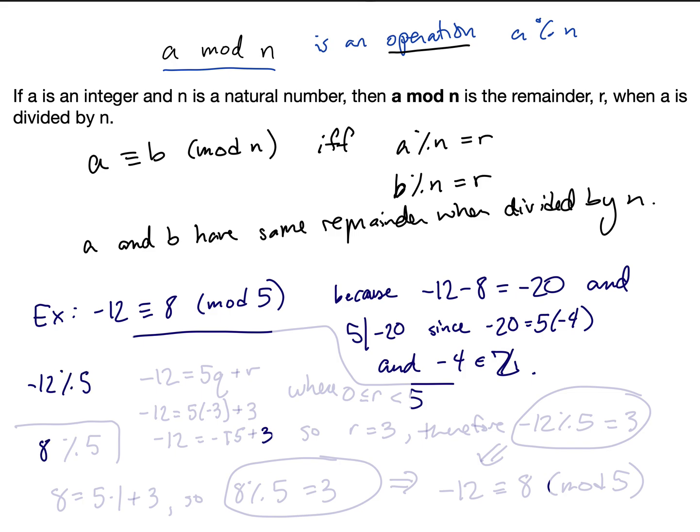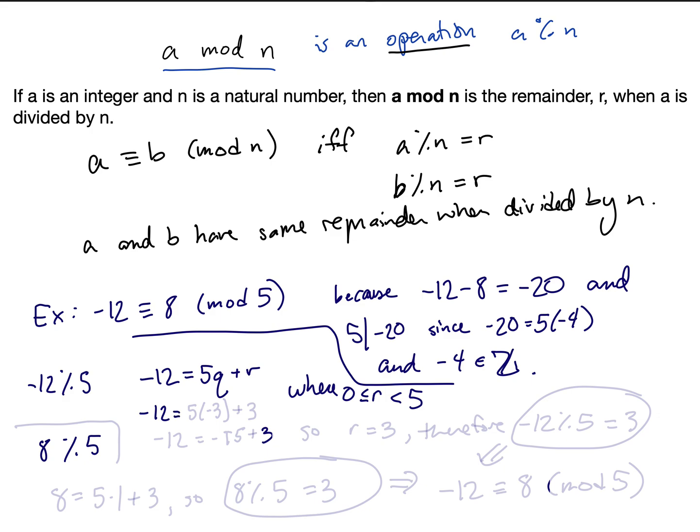The other way we could see this is by looking at negative 12 mod 5 and also looking at 8 mod 5. So negative 12 mod 5 is, negative 12 is equal to 5 times some integer q plus some integer r, where 0 is less than or equal to r, which is strictly less than 5. So what values of q and r would work there?